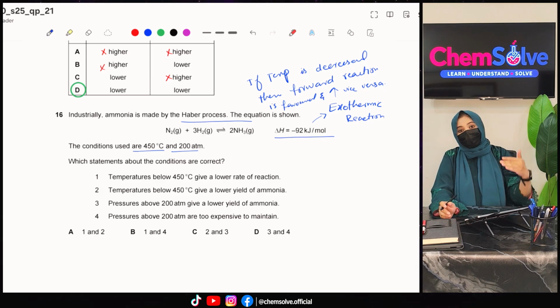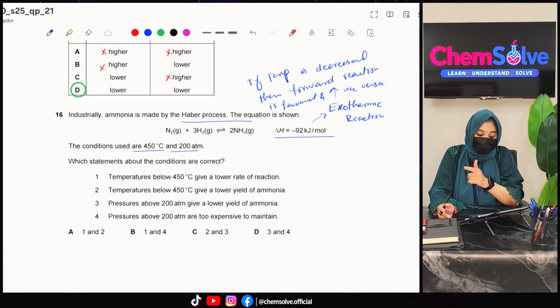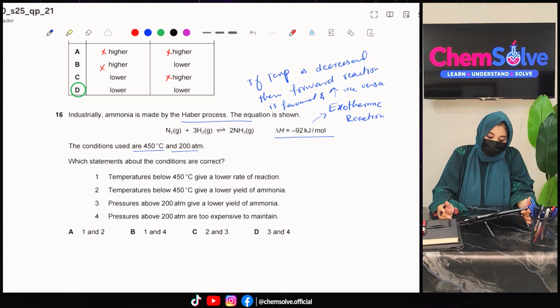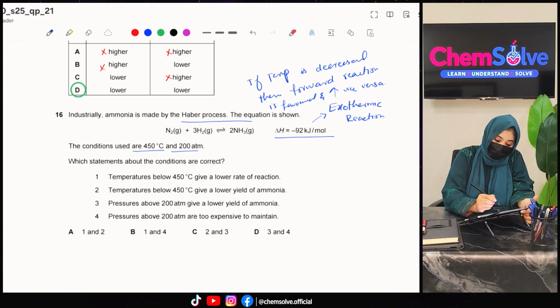If we want the reaction to move to the product side, then what we have to do, we have to decrease the temperature. But for this reaction, temperature is 450, that is not less. So what happens? Temperature below 450 degrees Celsius will give a lower rate of reaction, of course.